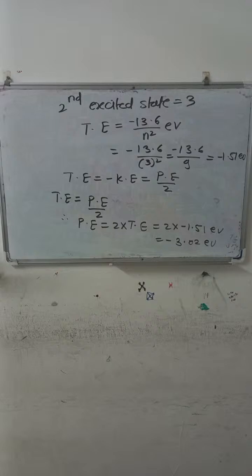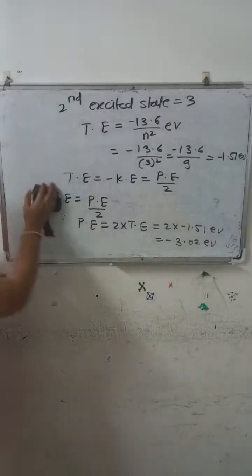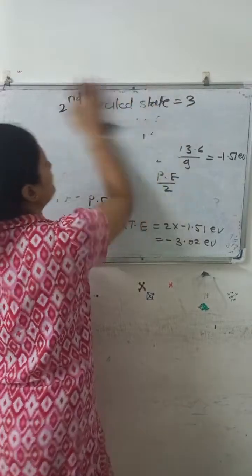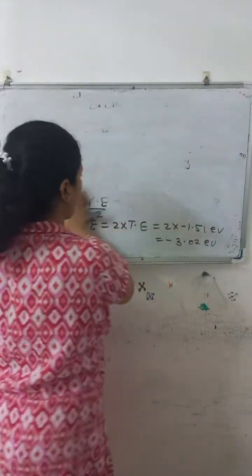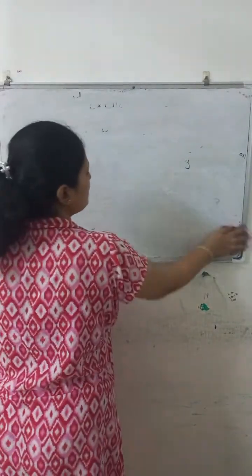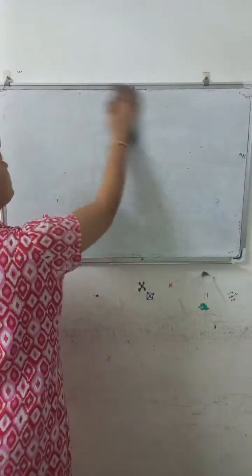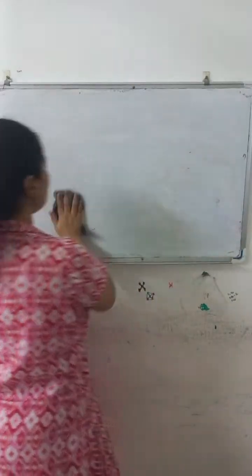Okay, so here just now we did one MCQ based on Bohr's radius. So we have to use that same formula here. Those who know this can start solving and then verify the answer with the options.